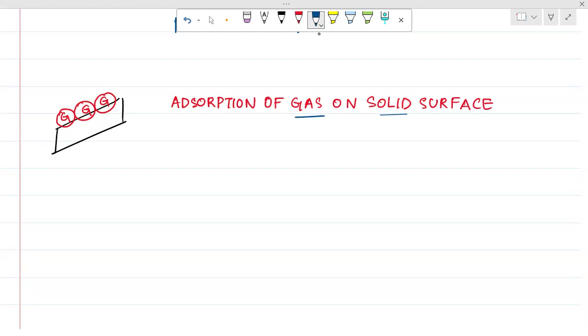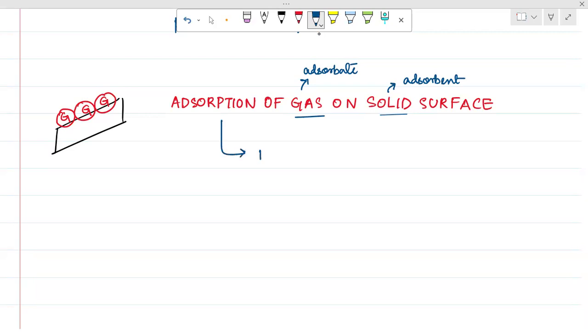So whoever gets adsorbed is the adsorbate, and the surface on which the adsorption happens is the adsorbent. Correct. So by now we know this. Now, depending on the interaction between the adsorbate and the adsorbent, there are two types of adsorption.